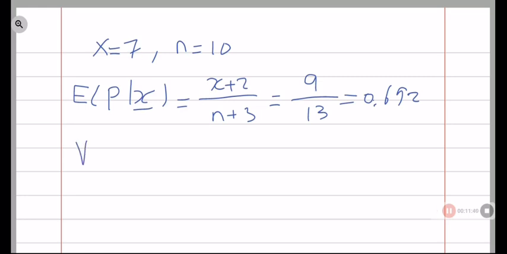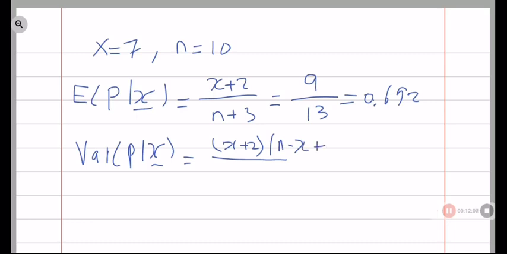Now we can also find the posterior variance of p given x, which is equal to x plus 2 times n minus x plus 1, divided by n plus 3 squared times n plus 3 plus 1.